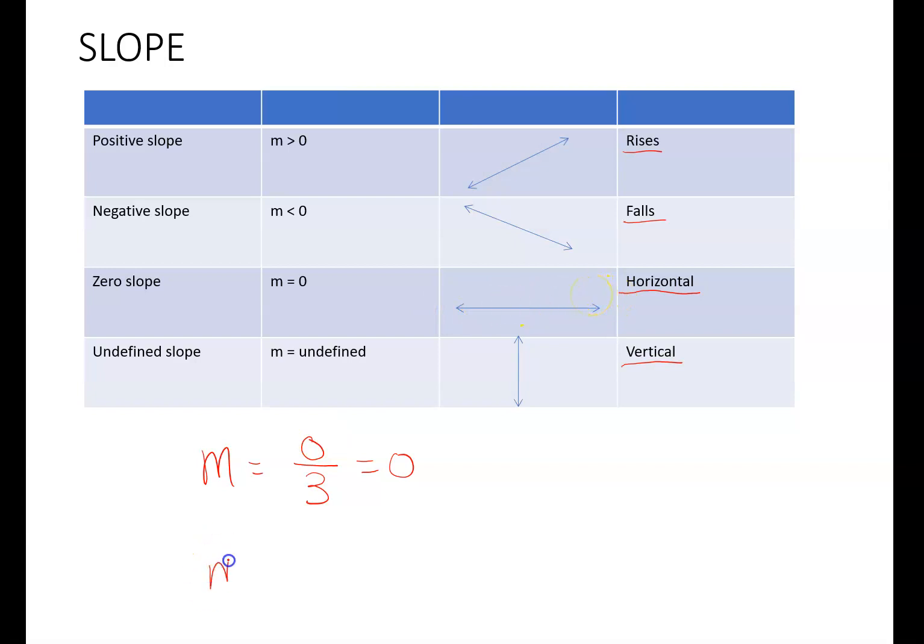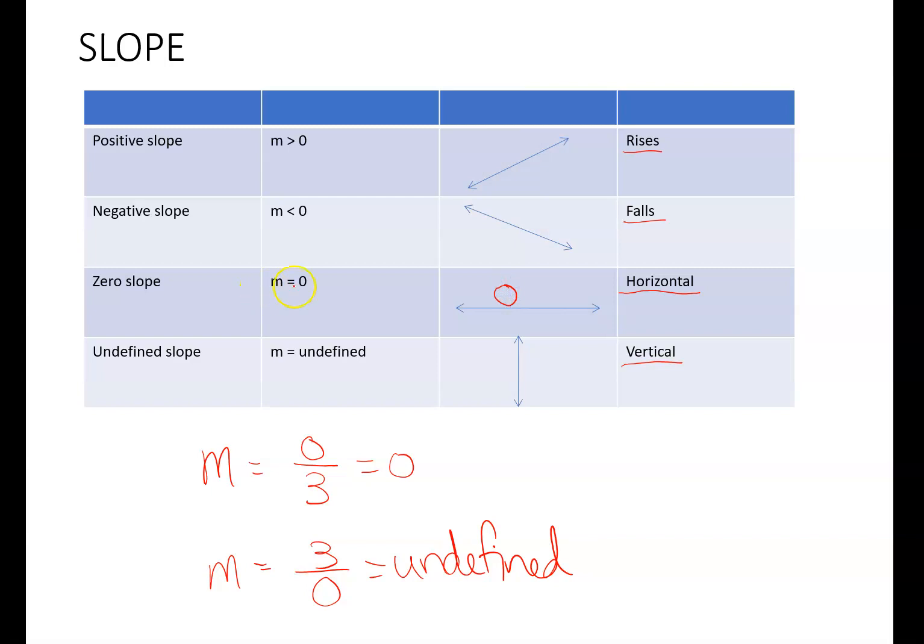Okay, so the other possibility would be 0 on bottom. Remember, dividing by 0 is undefined. Now, to get a 0 on the bottom of your slope formula, the x's would have to be the same. And if the x coordinates are the same, it will cause a vertical line. So that's why it works this way. A quick way to help you remember: if you set a 0 on a horizontal line, it'll stay on the line.